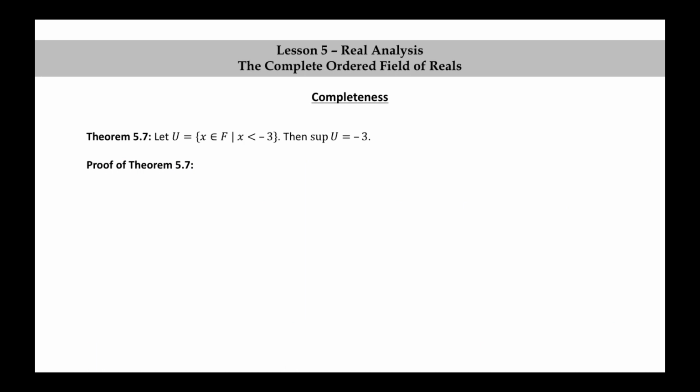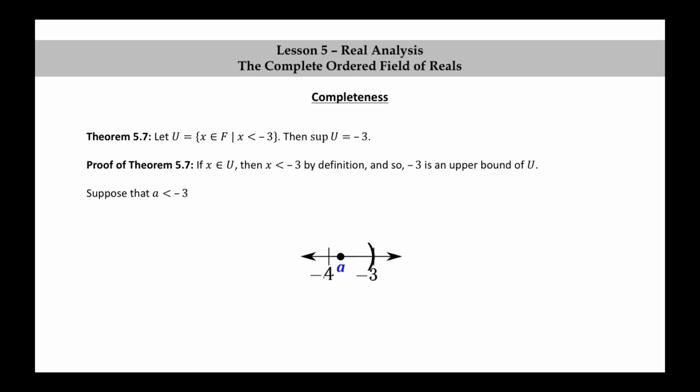Let's go through the details. If x is in U, then x is less than -3 by definition, and so -3 is an upper bound of U. That's the easy part. Suppose that A is less than -3. Here's the picture again.